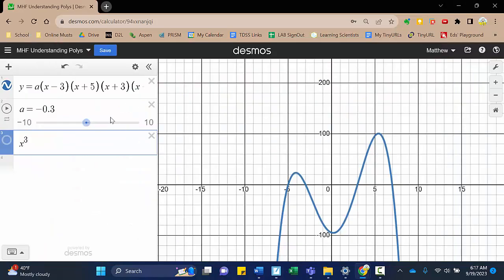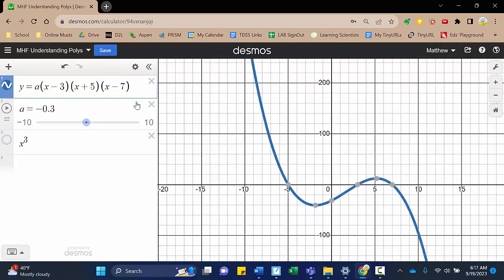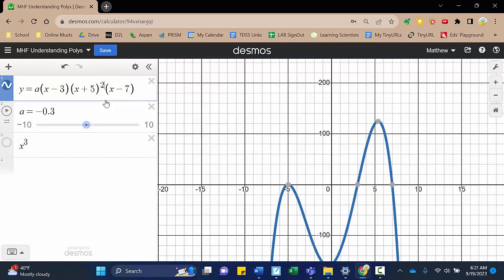And then as we go through here, I'll shorten this so we can see it better. Now, if I were to have an exponent on one of my roots, this is called an order 2 root or a double root.